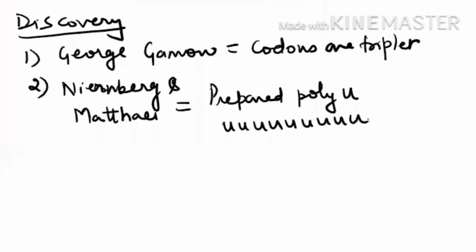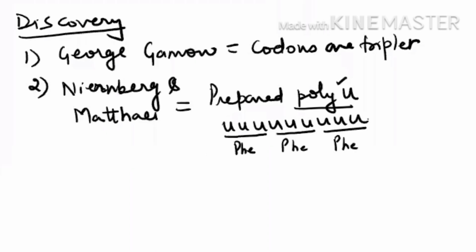Then Nirenberg and Matthaei. Now the challenging task was that they had to decipher the genetic code. They wanted to know what sequences of nitrogenous bases are coding for what. So in the Nirenberg method, they prepared poly-U. Suppose here I have taken 9 U's, so 3 phenylalanine came.